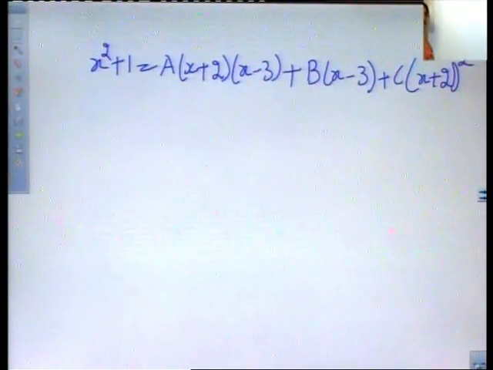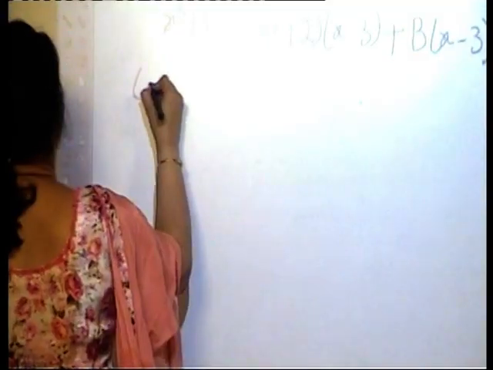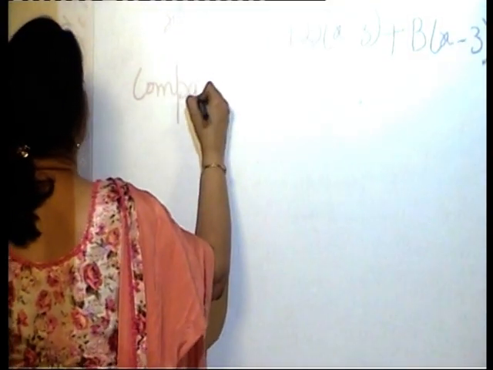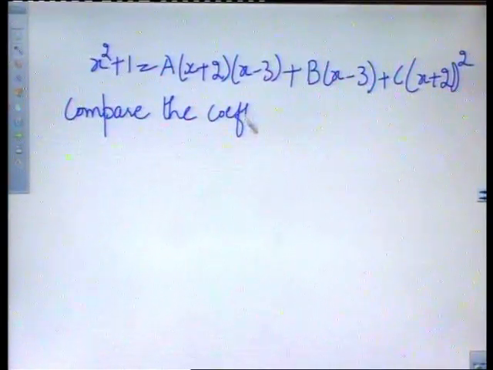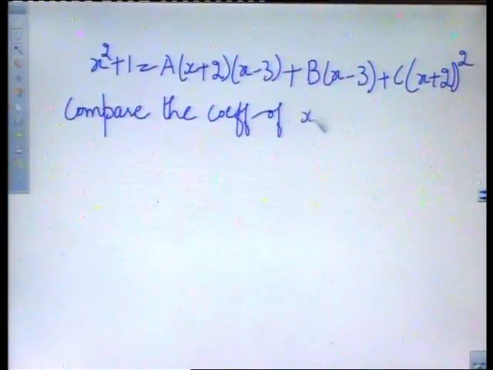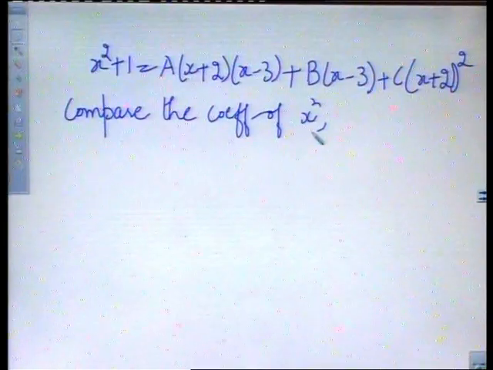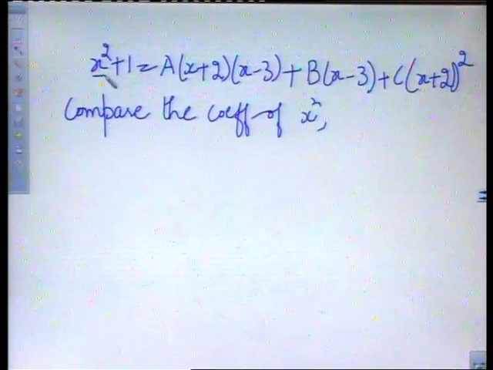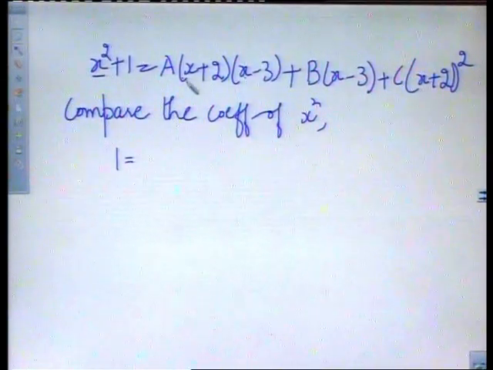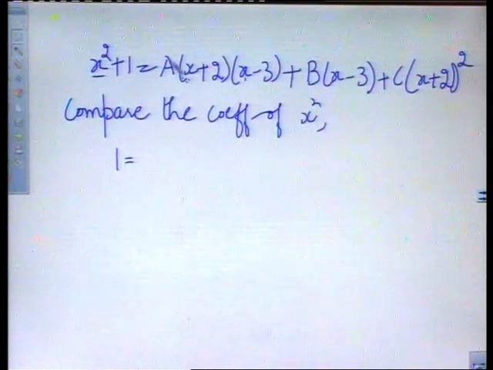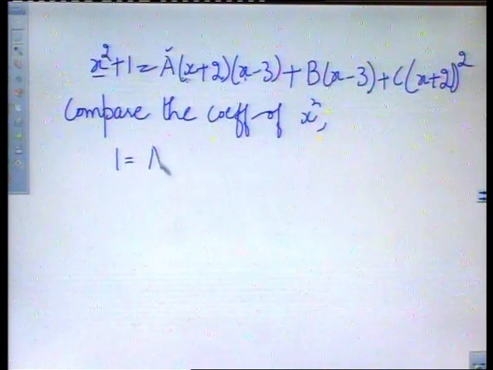Now, we compare the coefficient of x square. On the left hand side, the coefficient of x square is 1. On the right hand side, when we multiply this x by x, we get x square, and the coefficient of x square is a.